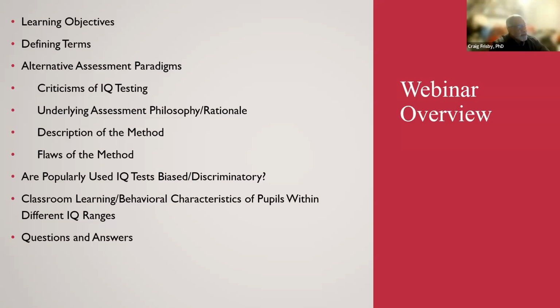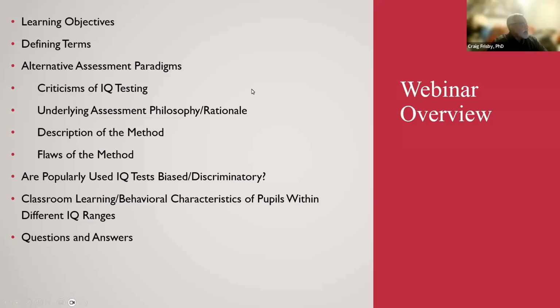So whenever I bring up a particular alternative paradigm to discuss, I'll subdivide the conversation into these subpoints. I'll talk about how that paradigm criticizes IQ testing, because obviously, in order to sell an alternative paradigm, you have to basically bash IQ tests.